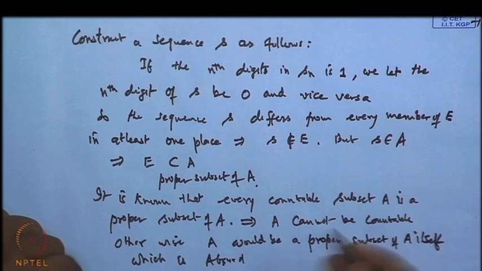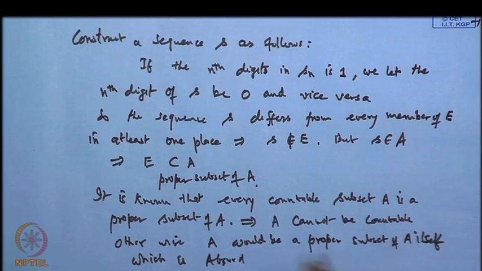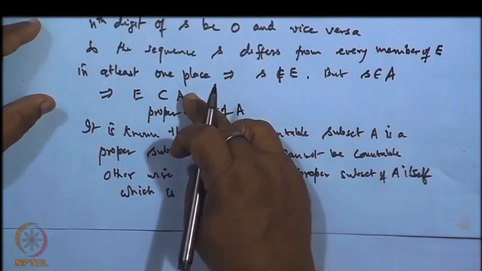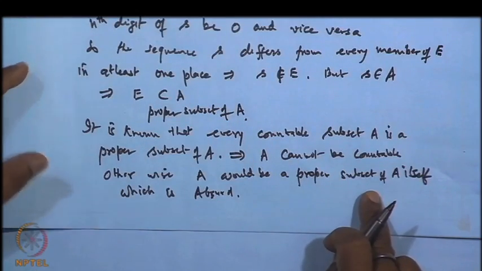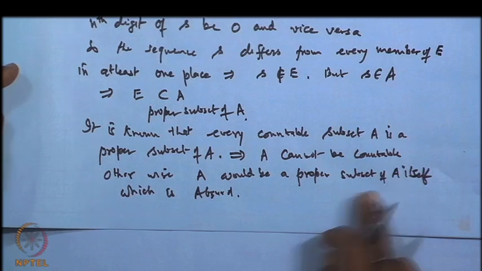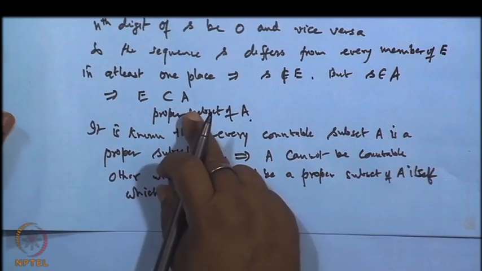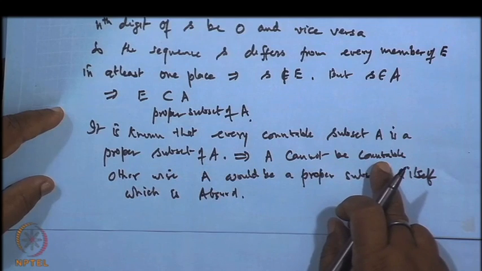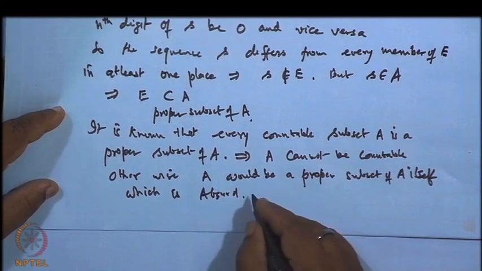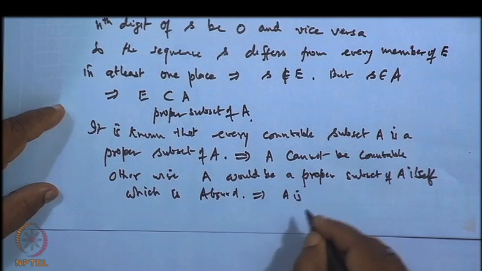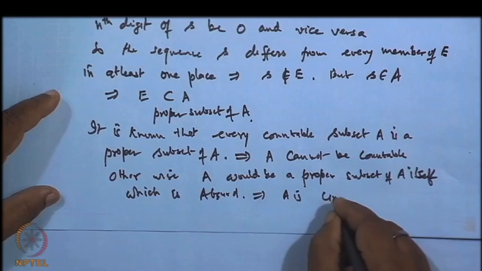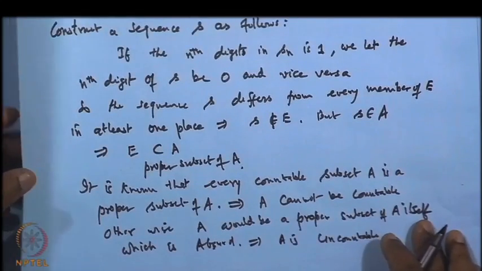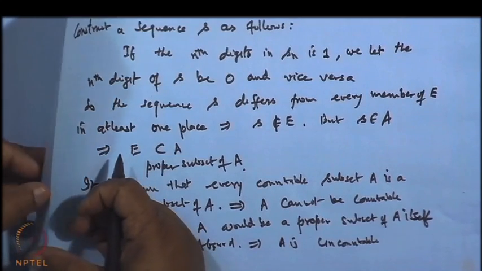Because a set is a subset of itself, but cannot be a proper subset. And here, if we assume A to be countable, then it must have a proper subset, but here we are getting that this cannot be. So, this shows that A is uncountable. Okay. So, this is the thing.